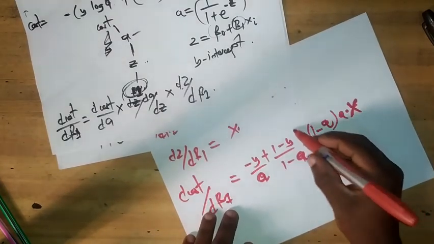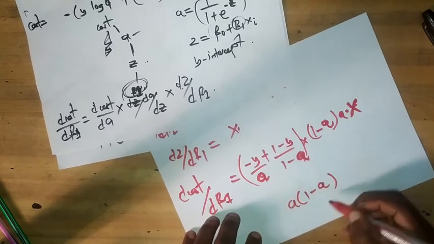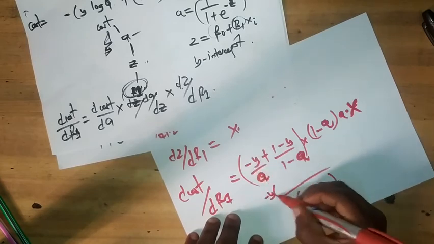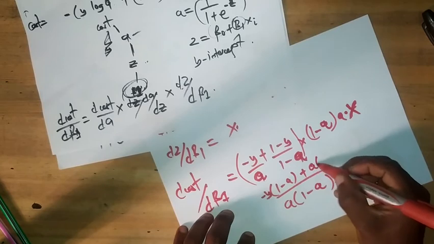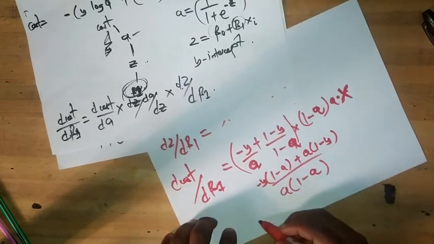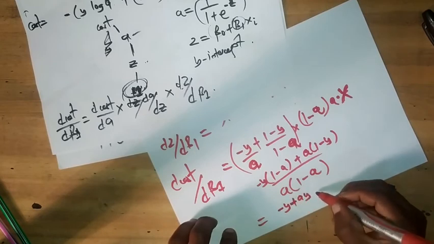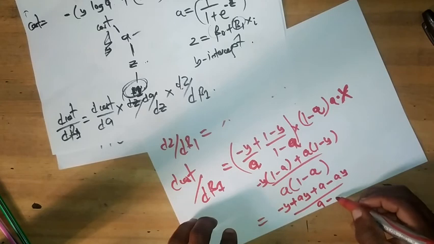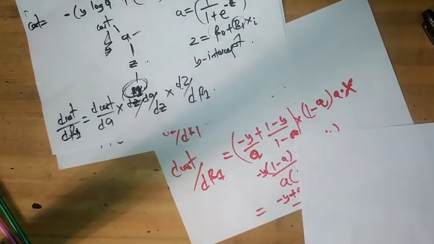Okay, so let's simplify this part. The denominator will become a times 1 minus a, so the numerator becomes minus y times 1 minus a plus a times 1 minus y. If we simplify this, it will become minus y minus a plus ay plus a minus ay.